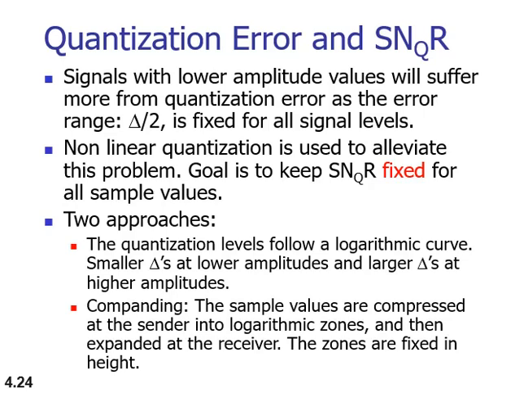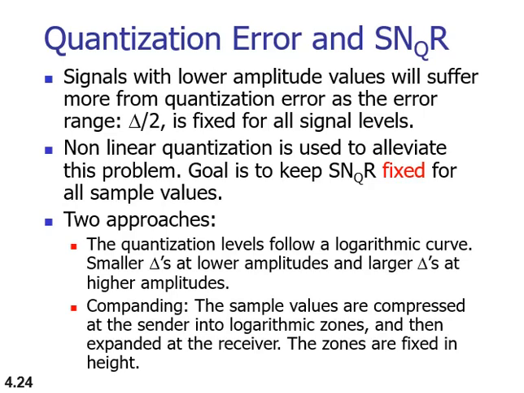And the other approach is nothing but compounding. Compounding is the process in which the sample values are compressed at the sender into logarithmic zones and then expanded at the receivers. The zones are fixed in the height, which will result into keeping our signal to noise ratio fixed.